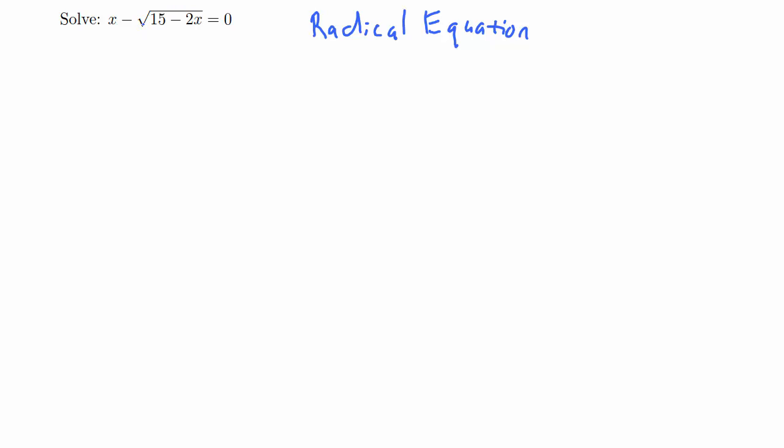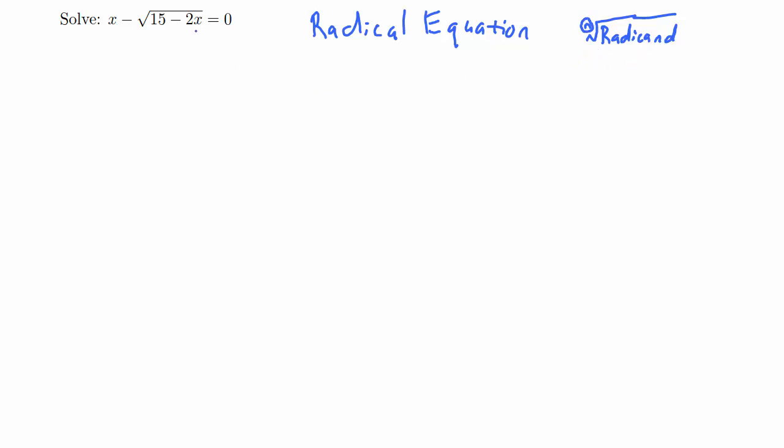A radical symbol, in case you're not aware yet, is the root symbol here. While this root symbol is called a radical, whatever is underneath is called the radicand. And every radical has what's called an index, and that index is whatever's written right there.